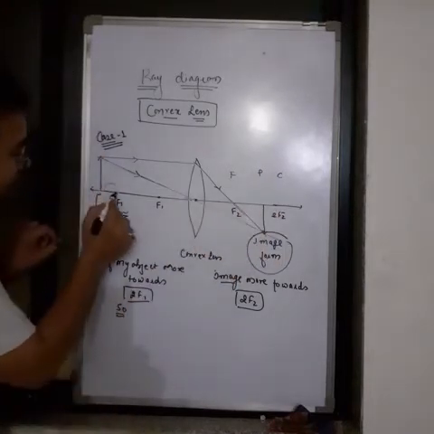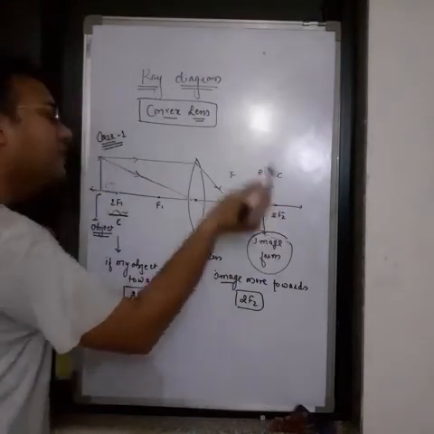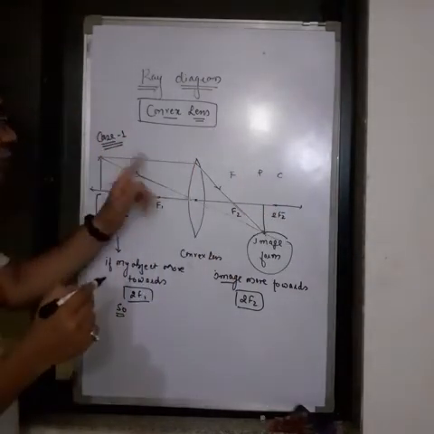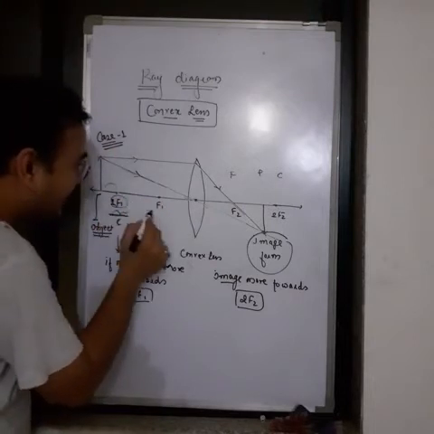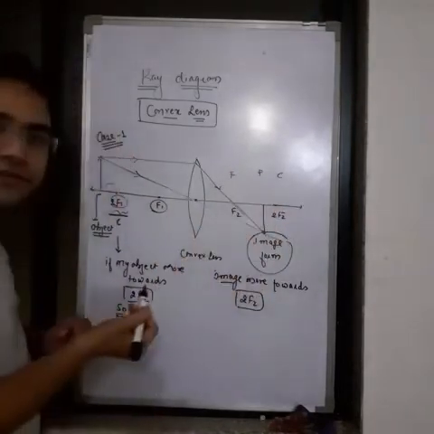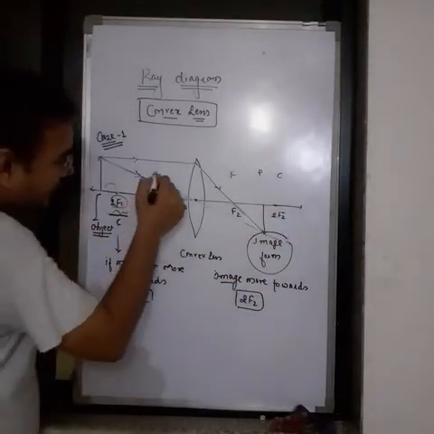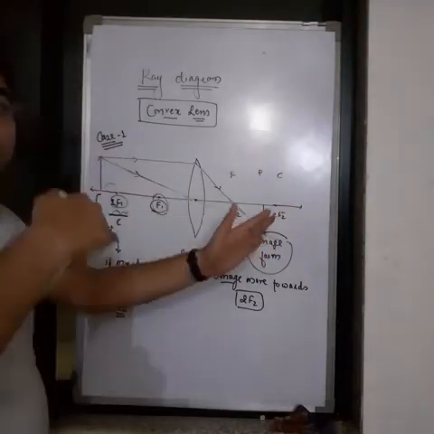When our object is on 2F1, then our image is on 2F2. Similarly, when our object is between 2F1 and F1, then our image is beyond 2F2. When our object is on F1, then our image is at infinity.